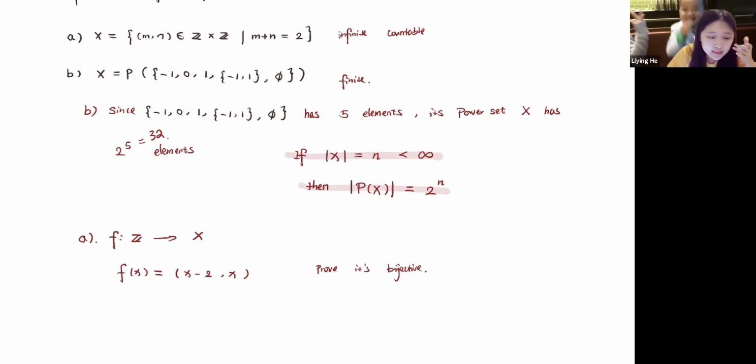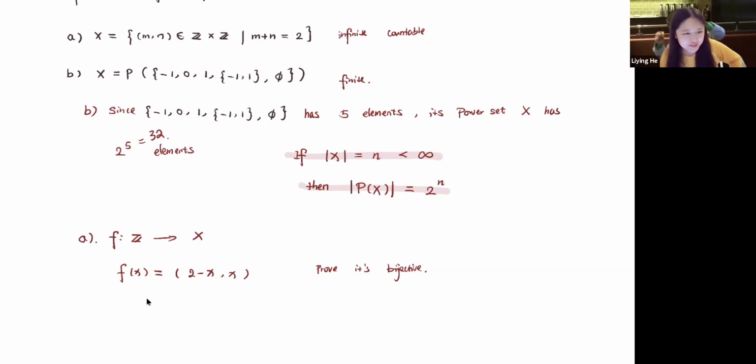Oh, I see. There is a mistake. It's 2 minus x and x. Yes, nice catch. It's 2 minus x and x, or x and 2 minus x.